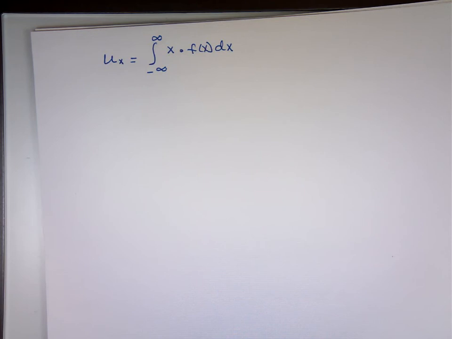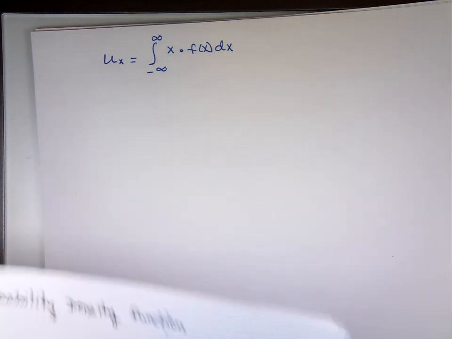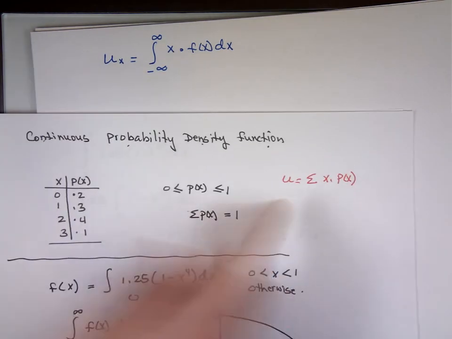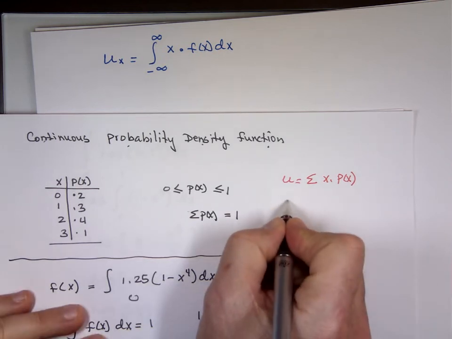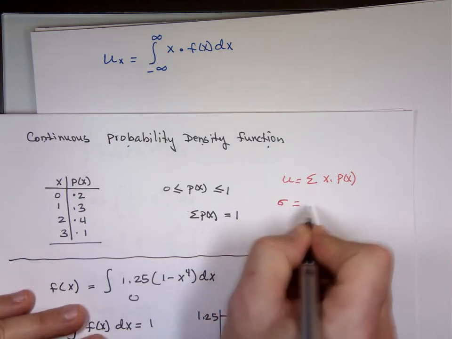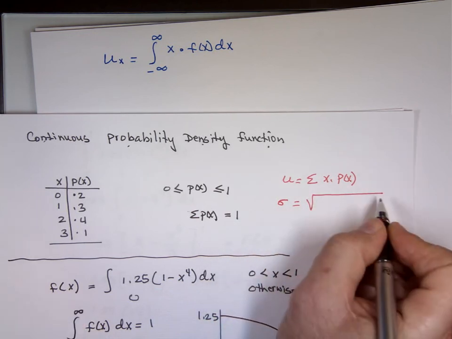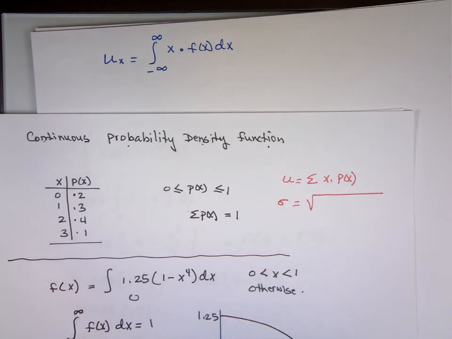That was a long way to find the standard deviation. We just never did it there. We said sigma, the standard deviation, was the square root of what? X minus the mean all squared.